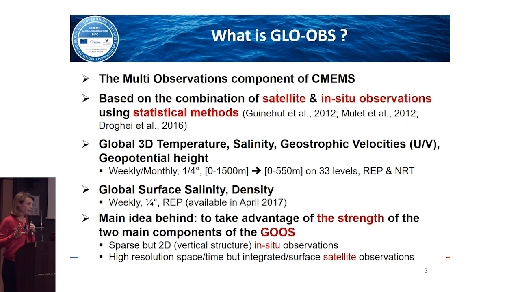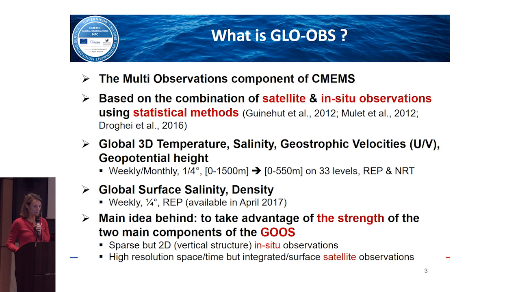Really the main idea behind our system is to take advantage of the strengths of the two main components of the global ocean observing system, which are the in-situ observations, sparse but having the vertical resolution, and the satellite fields, with high resolution in space and time but having an observation just at the surface.